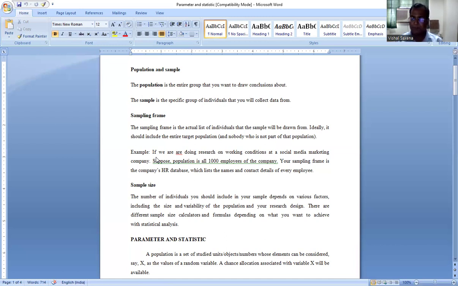So this sampling frame should include the entire target population, and nobody who is not part of the population.